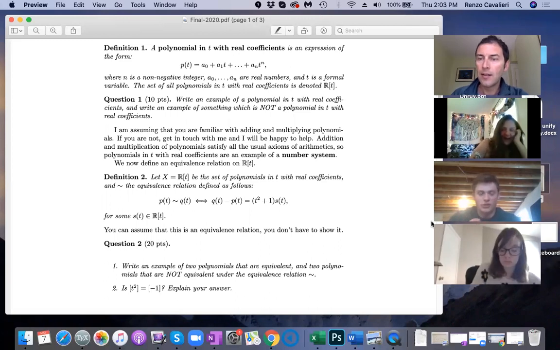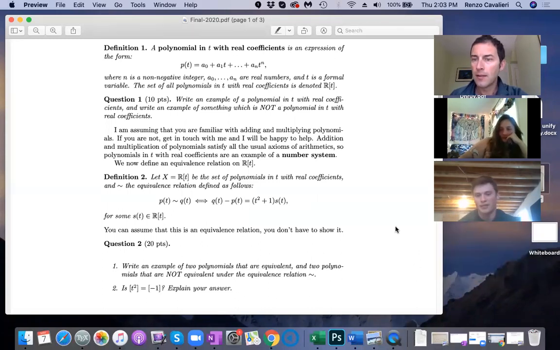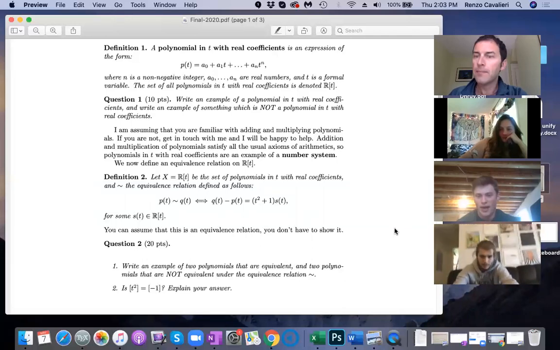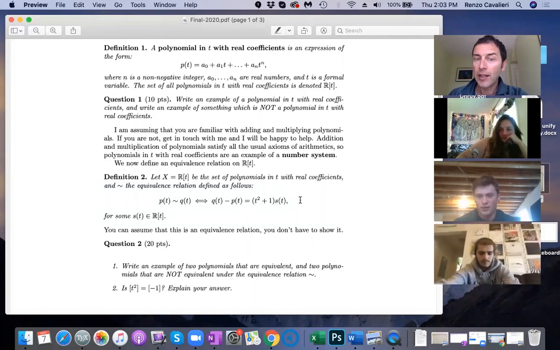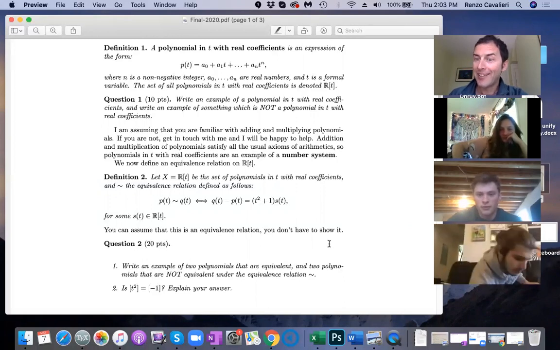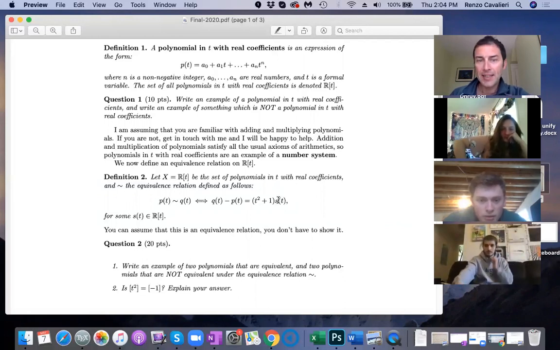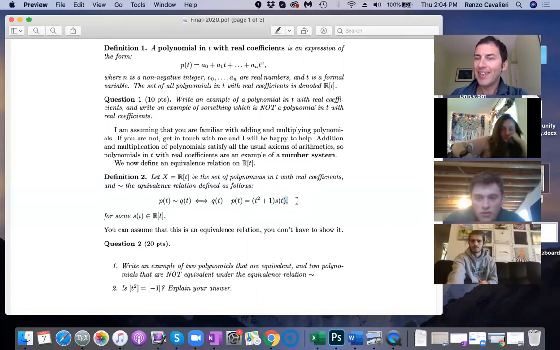No matter what the difference between Q of t and P of t is, I can always divide by t squared plus 1 and have an S of t that is still within the realm of R of t. Right, but here it's asking to have no remainder. Well, it doesn't say, but there's not a remainder here, right?